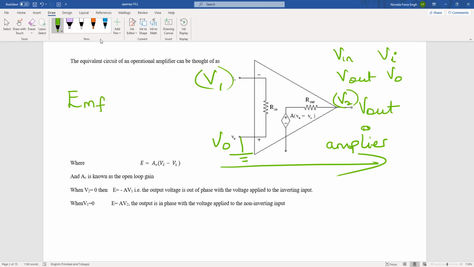All right, so we have our EMF, we have our input voltage, this is also input voltage. Sorry, I'm mixing it up. We have our gain.